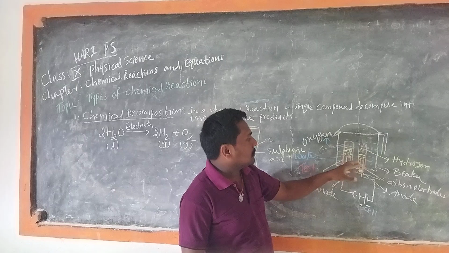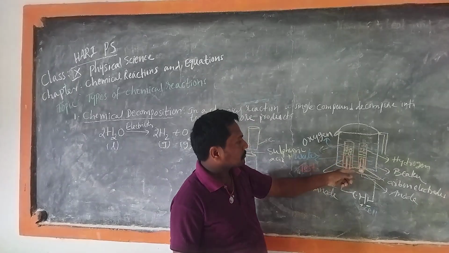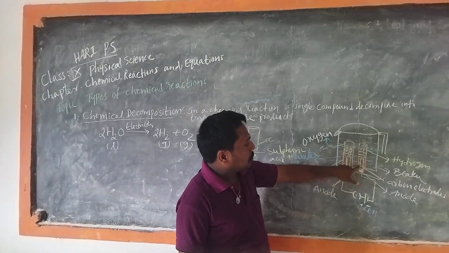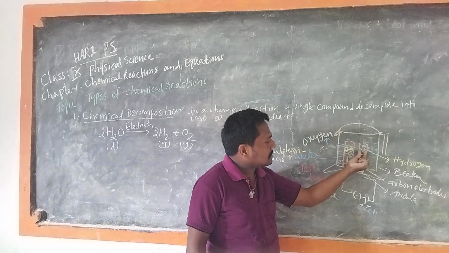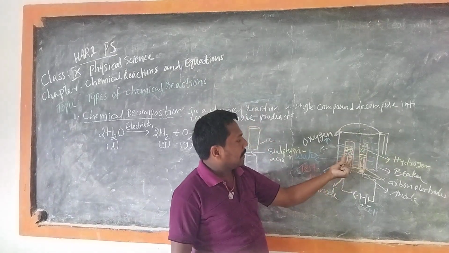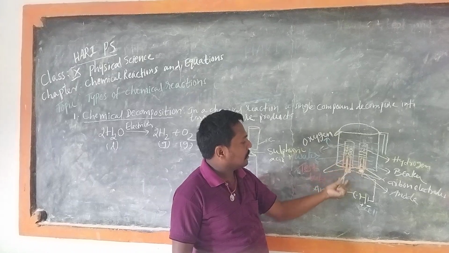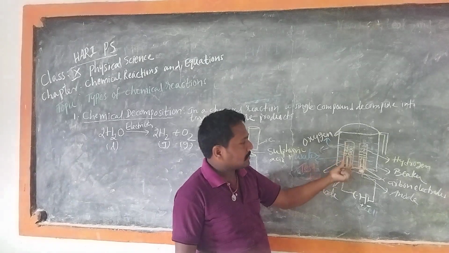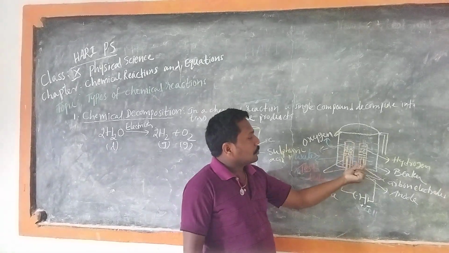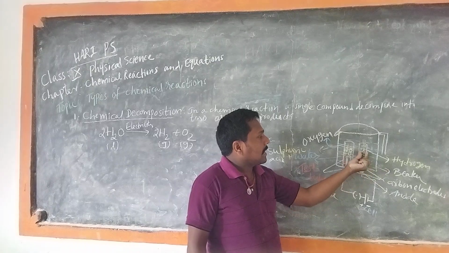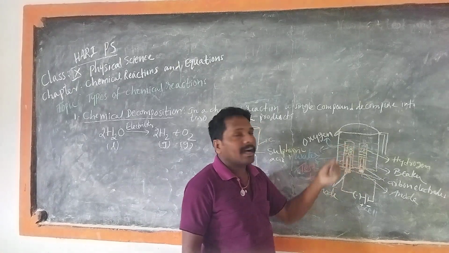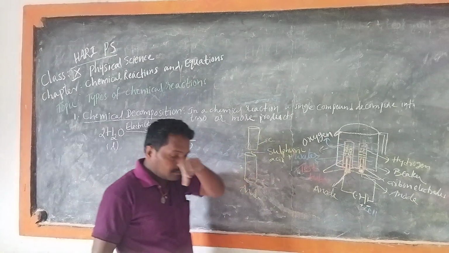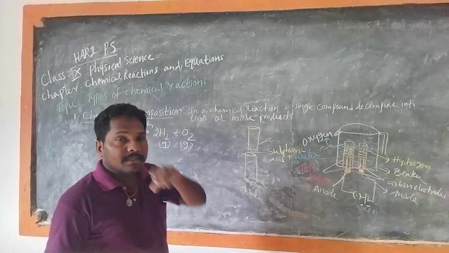And also observe the diagram carefully. Near the cathode side there is much more space in the test tube when compared to the test tube which is inverted on the anode. So near the cathode the gas occupies more volume. Near the anode the gas occupies less volume.